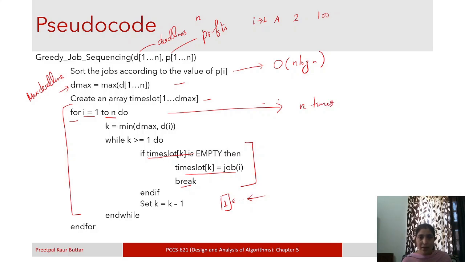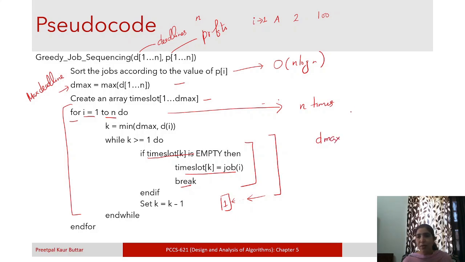And then this is a while loop, right? This while loop runs from the deadline of that job till 1. In the maximum case, the deadline for each job can be D, and in the worst case it will be the maximum deadline, D max.